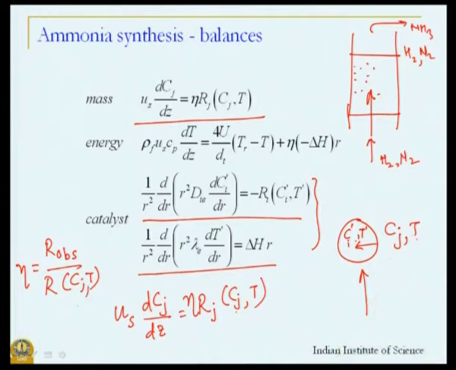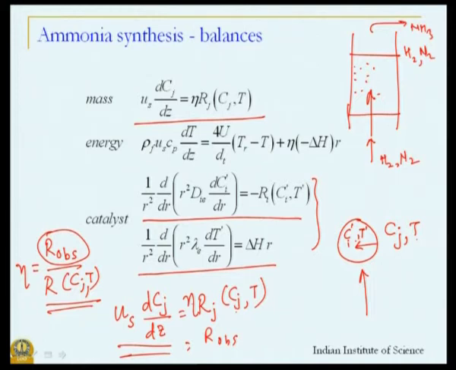So, at bulk Cj and bulk temperature would have been the rate. The actual rate is R observed, eta is my effectiveness factor, and therefore, in my balance it is actually nothing but R observed, but that I have related through the concept of effectiveness factor.